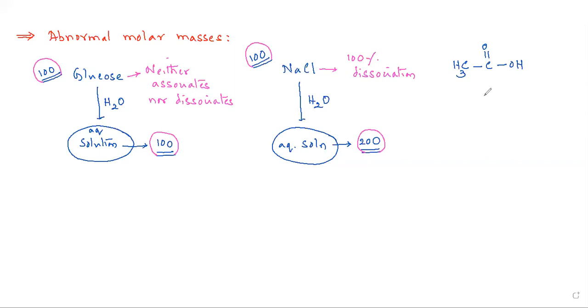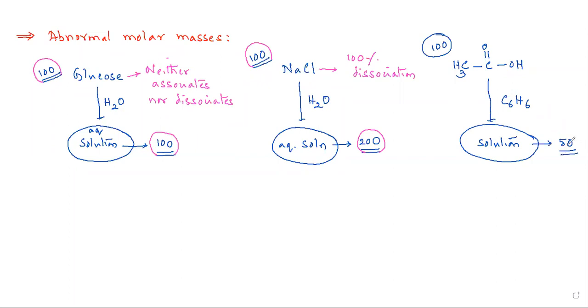Now let us take the third example. Let us again consider the same number of molecules of acetic acid. When dissolved in benzene, here the solution consists of only 50 particles, if suppose this undergoes 100% association. So there are three different cases.